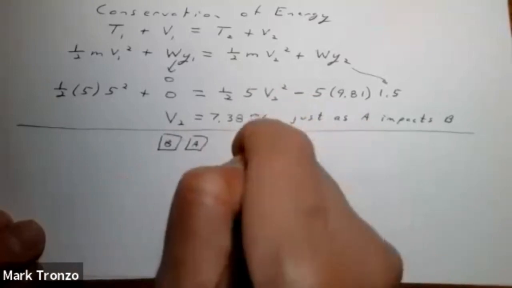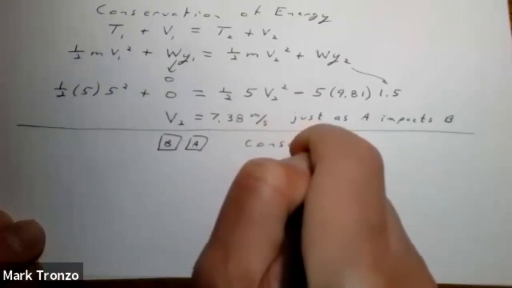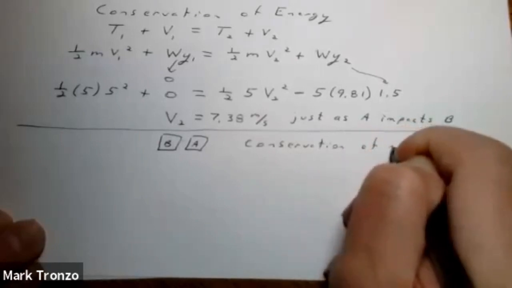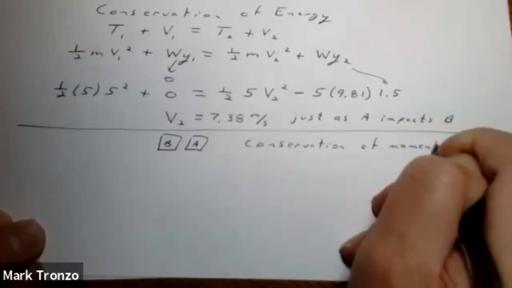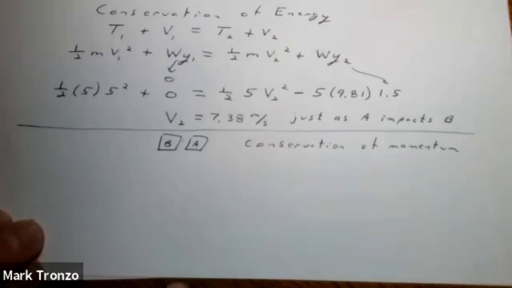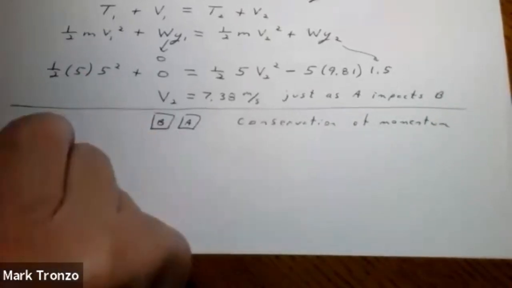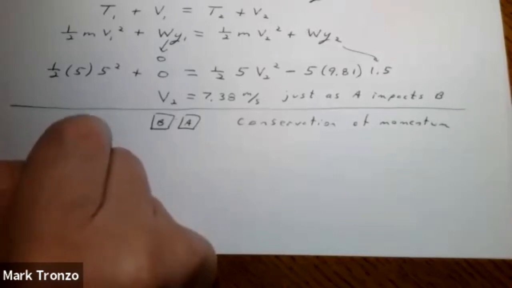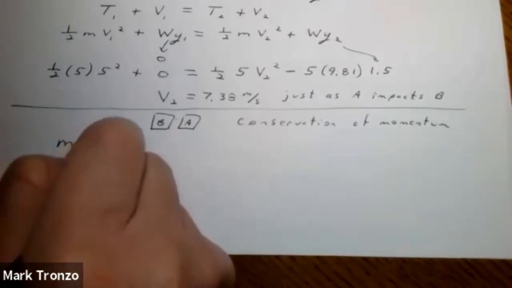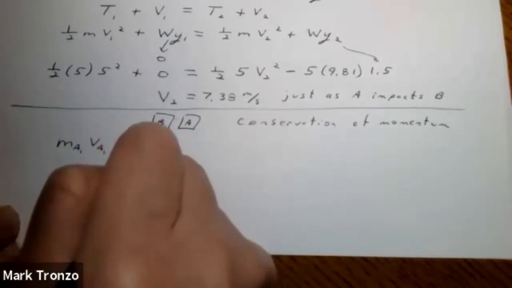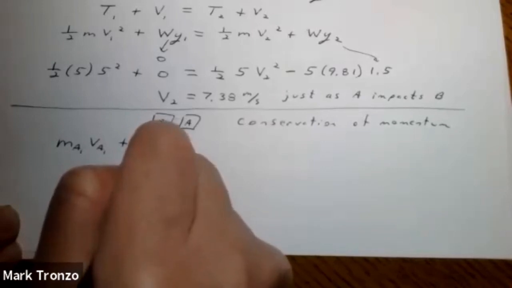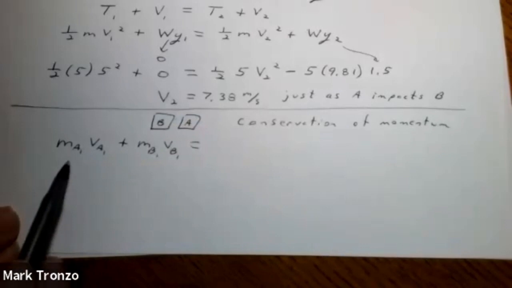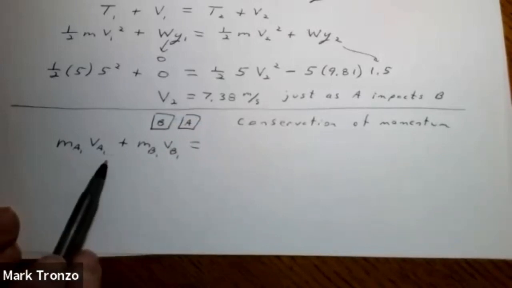So if we use conservation of momentum, m_A1 v_A1 plus m_B1 v_B1. This would be their condition just before impact.